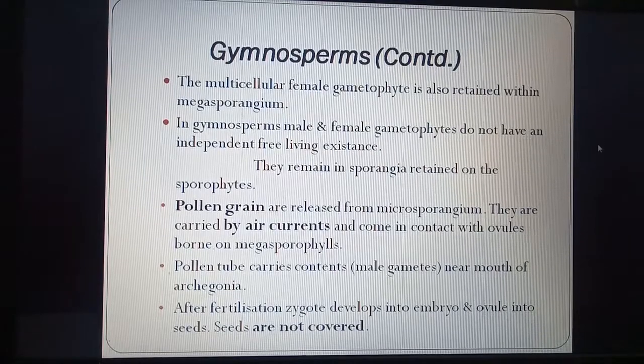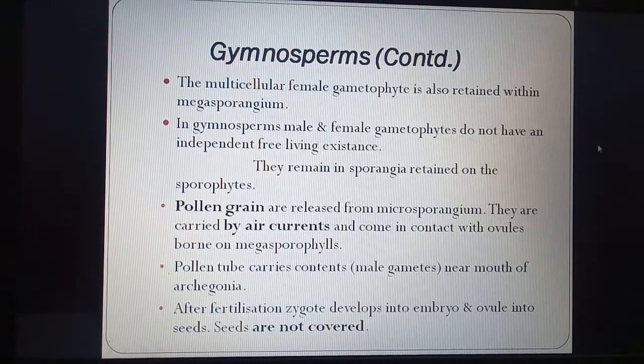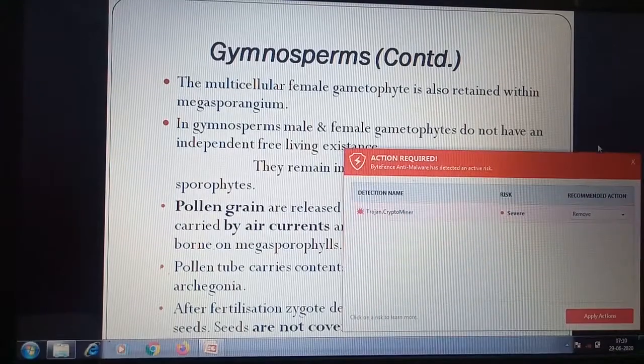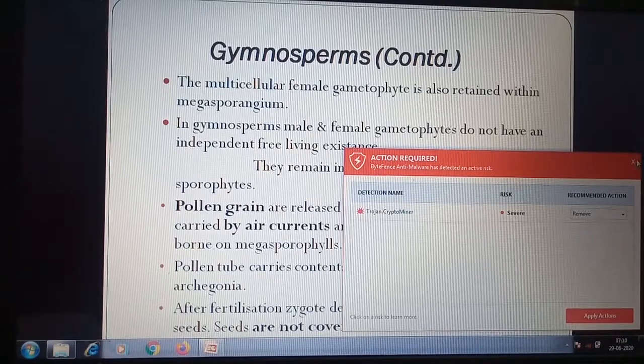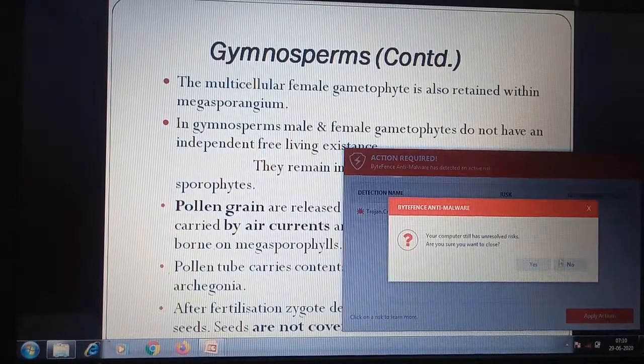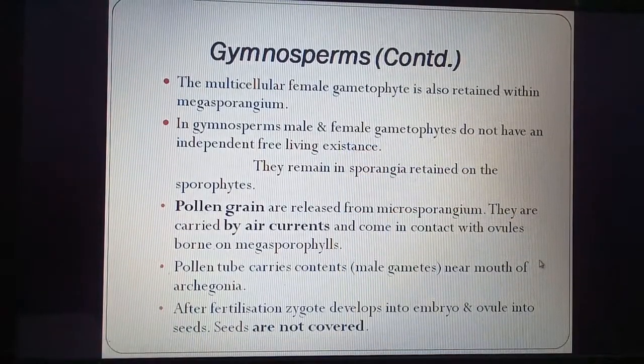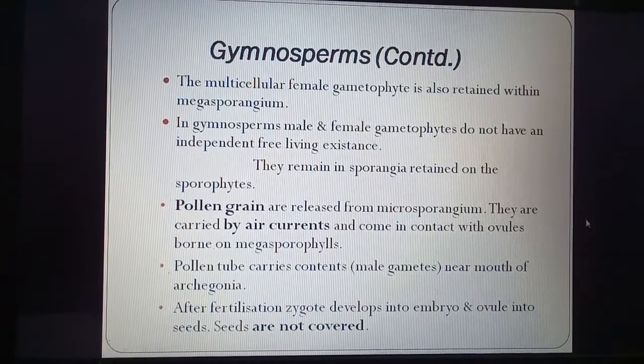So the female gametophyte remains inside the bag which produces it. In gymnosperms, male and female gametophytes do not have independent free existence. So they do not remain independent. They remain attached to the parent body, the sporophyte.